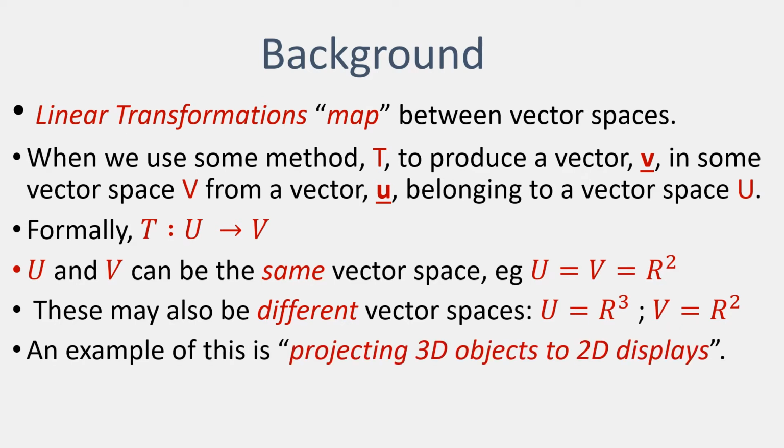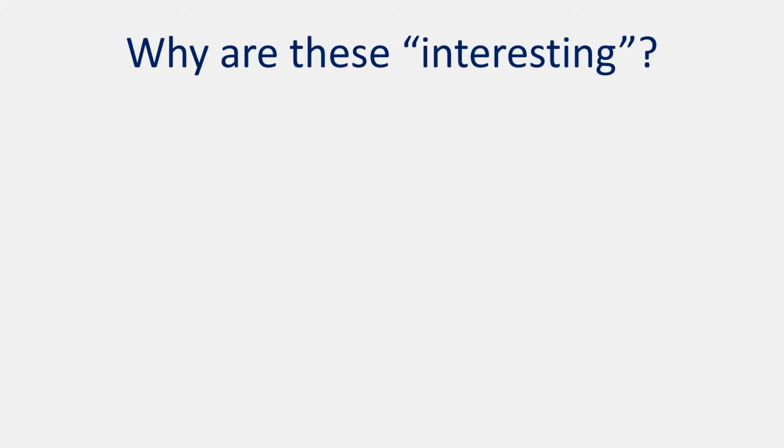One example where this process occurs, where we are mapping from triples to pairs, is the operation of projecting objects which we think of as in 3 dimensions, but we have to show those effects on a 2-dimensional display screen. So in that case, we have to have some way of mapping between the two different vector spaces.